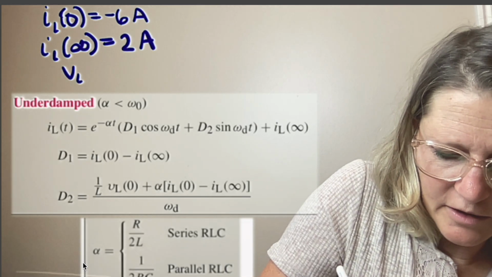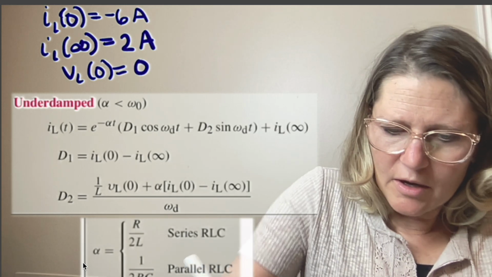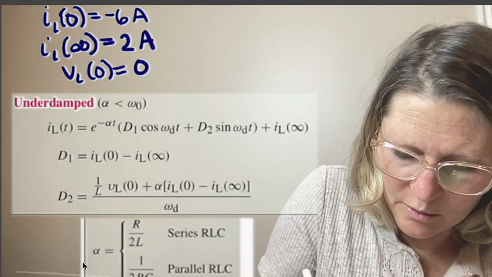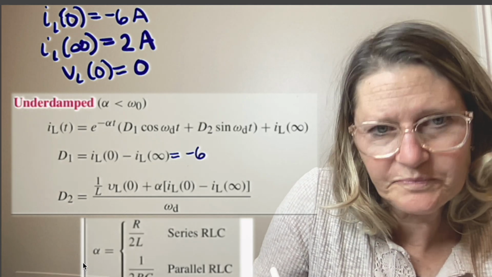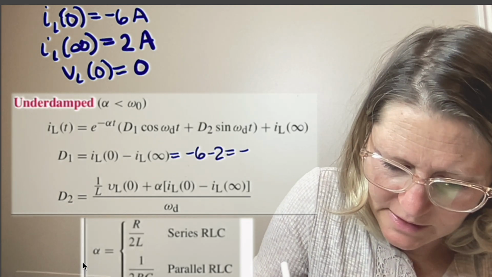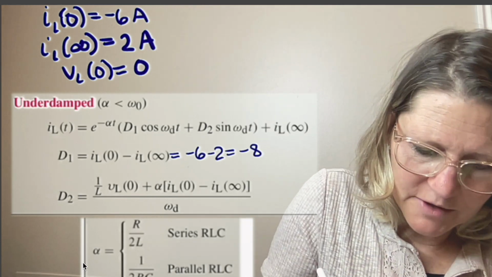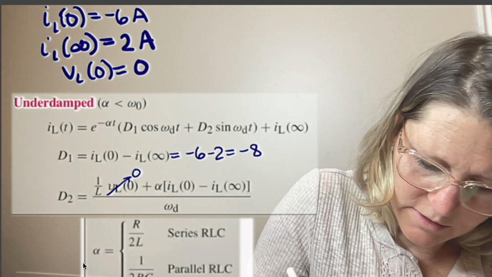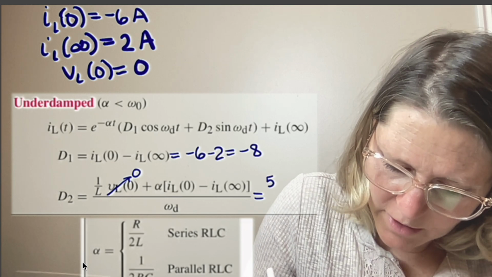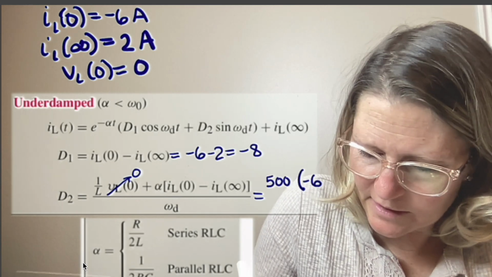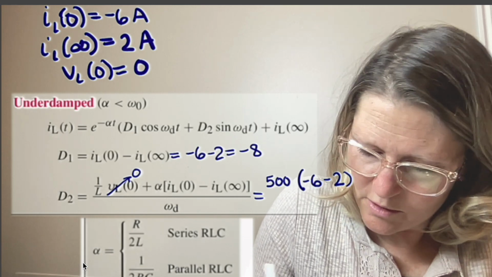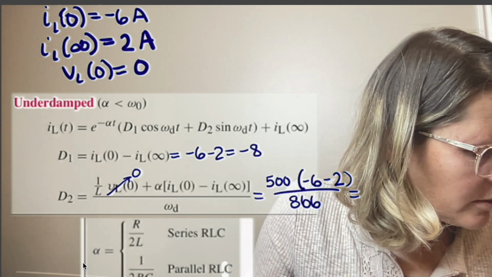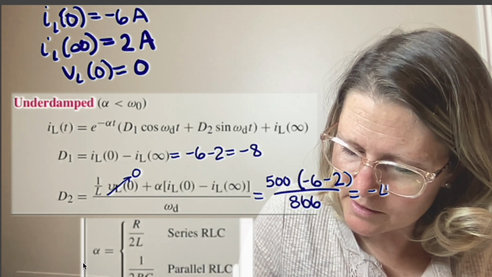And then VL of 0 was 0. And so from here we can substitute these in. So IL of 0 was a minus 6, and then a minus 2 for a minus 8. And then VL was 0, so that will go 0. Alpha was 500, so we have 500 times minus 6 minus 2 over 866, and that gives a value of a minus 4.62.